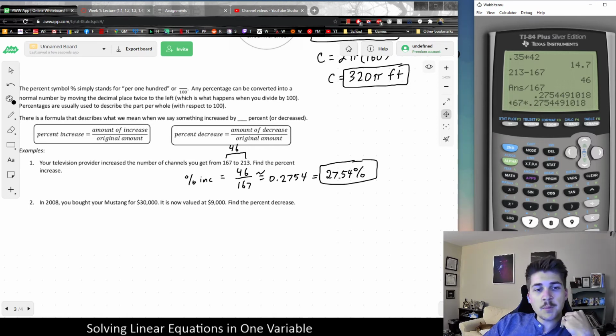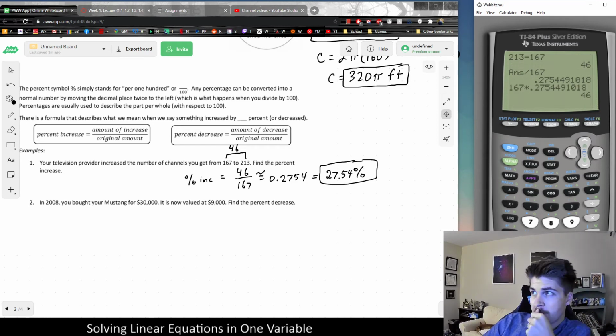Percentages are always multiplied into things, never added, in their basic form, because of the way they're set up. Notice that would give me 46. So if I multiply the percent by the original, it returns how many I grew, and if I add that to my original channels, it gives me my new number. It's a multiplicative number where I multiply it into the original to give me the new amount.